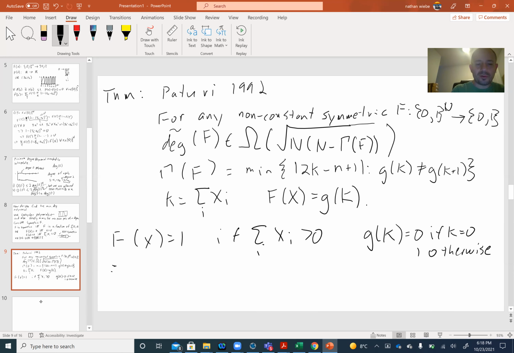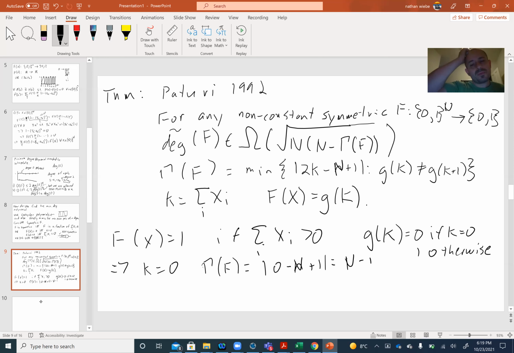This implies that the smallest value of k such that g of k is not equal to g of k plus 1 is 0. Therefore, gamma of f in our particular case is equal to the absolute value of 0 minus N plus 1, oh, sorry, I meant capital N here, which is N minus 1. Okay, so that's the value of gamma.